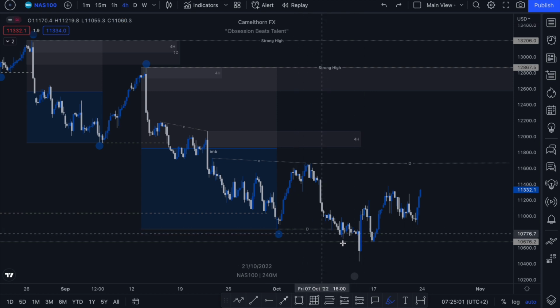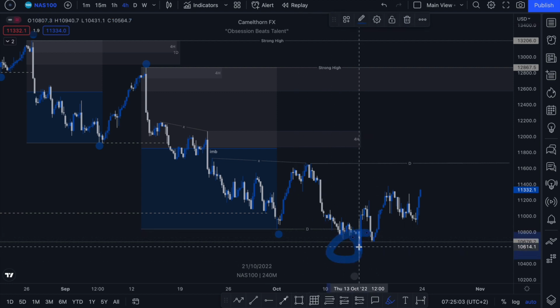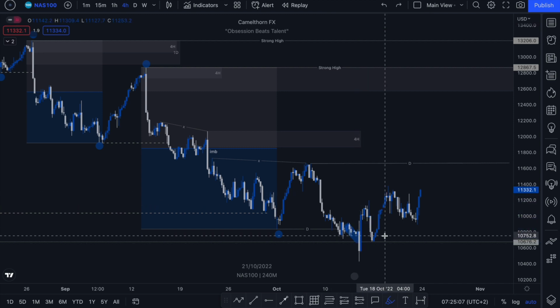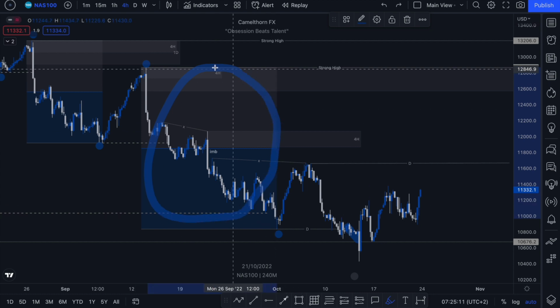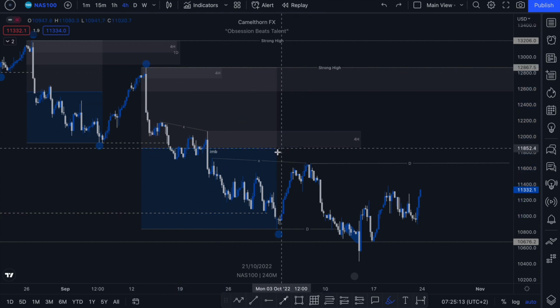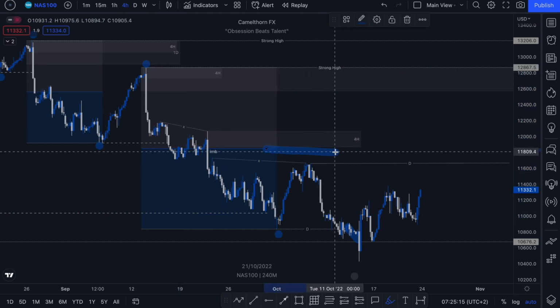So we have price action rejecting a strong weekly level, coming in and immediately coming out. We also see a 4-hour bearish leg that never quite reached our equilibrium. So this is where things could get a little interesting on Nasdaq, especially if you're trading the 4-hour.